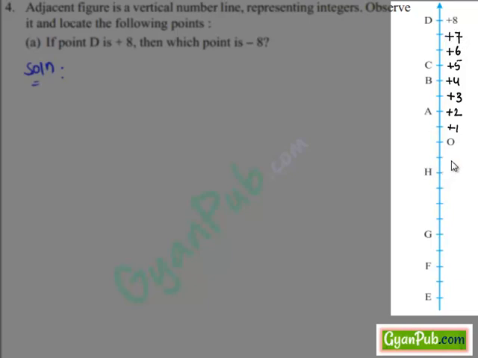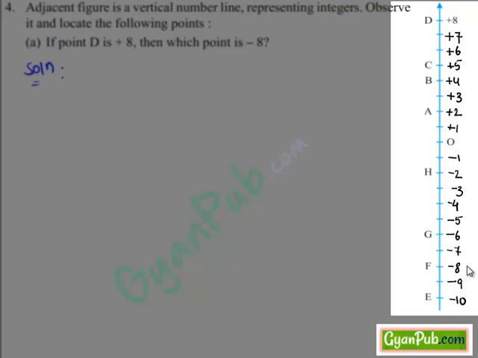Below 0 are negative integers. One step below 0 is minus 1, then minus 2, minus 3, minus 4, minus 5, minus 6, minus 7, minus 8, minus 9 and minus 10.